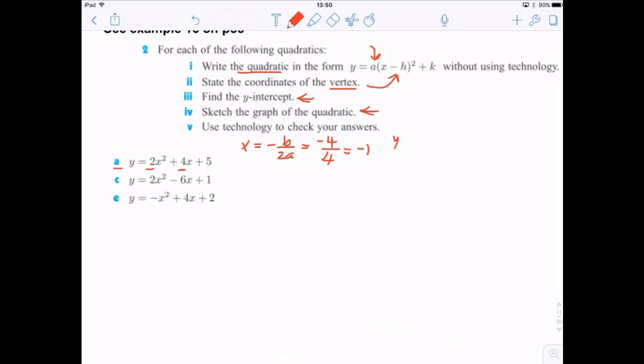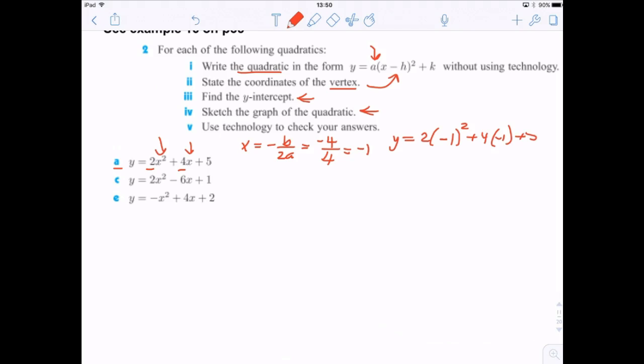We can find the y value easily by just plugging negative 1 in for these two x positions, and once we do that, we're going to have the y value that corresponds to that x value, which means the y-coordinate of the vertex. So 2 times negative 1 squared plus 4 times negative 1.